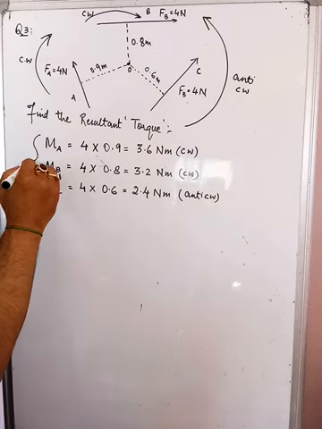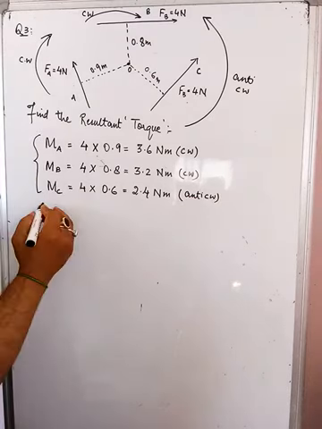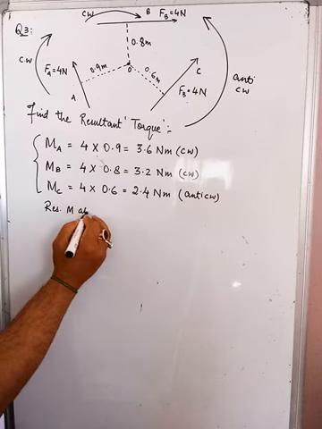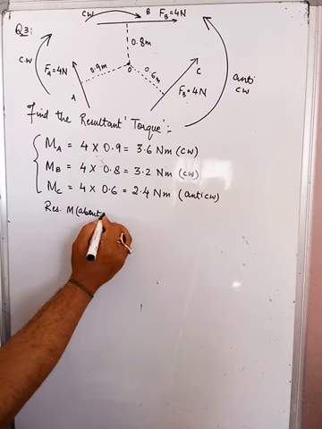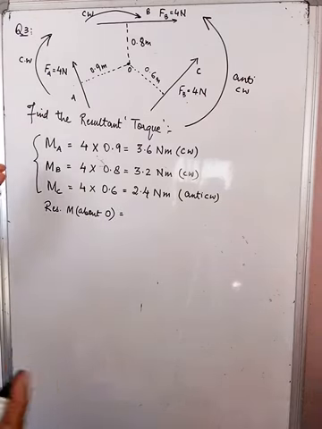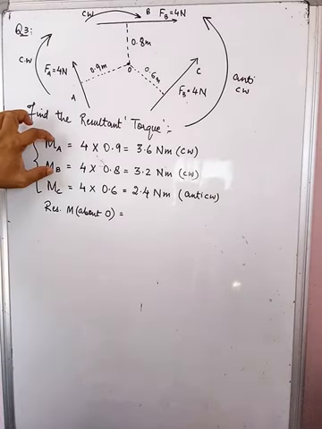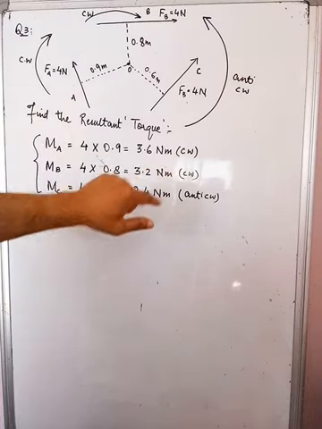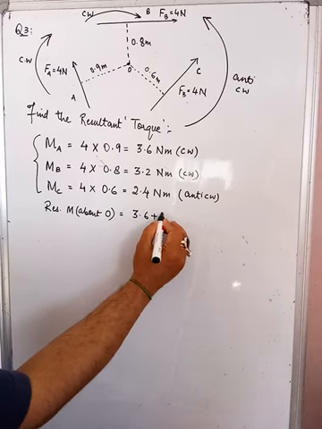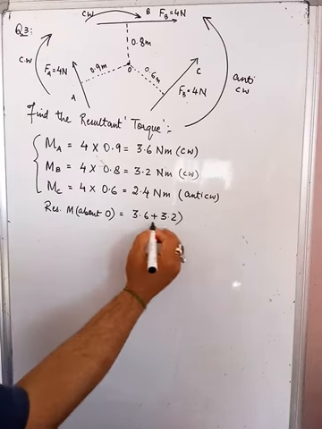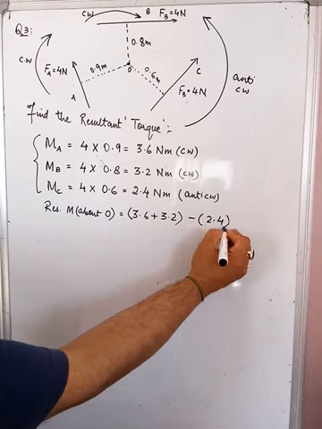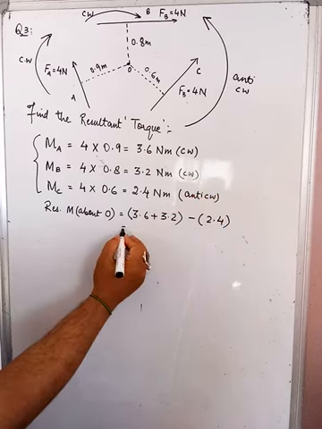Now, having calculated these three individual moments, the resultant moment about O will be, now this is anybody's guess. These two, since they are in the same direction, will get added up. So you will have 3.6 plus 3.2, and 2.4, since it is in the opposite direction, will get subtracted.